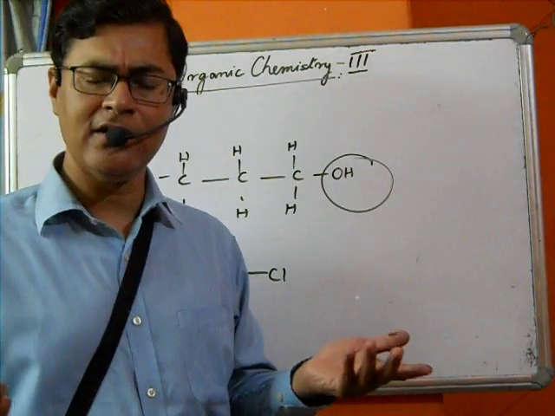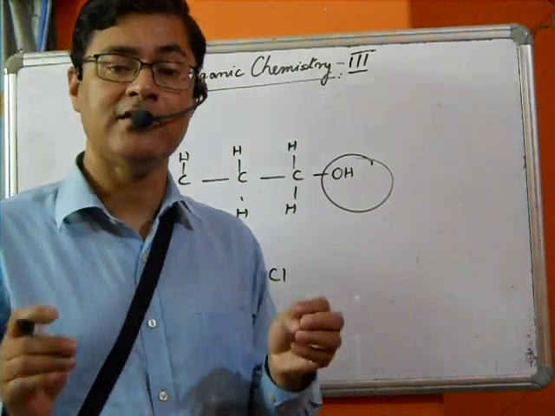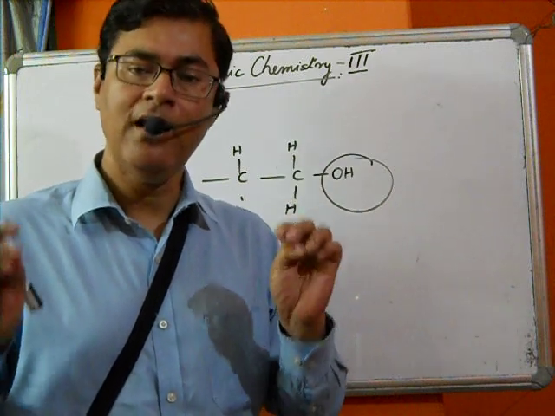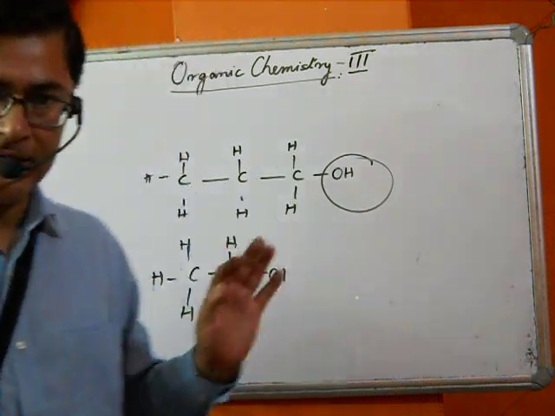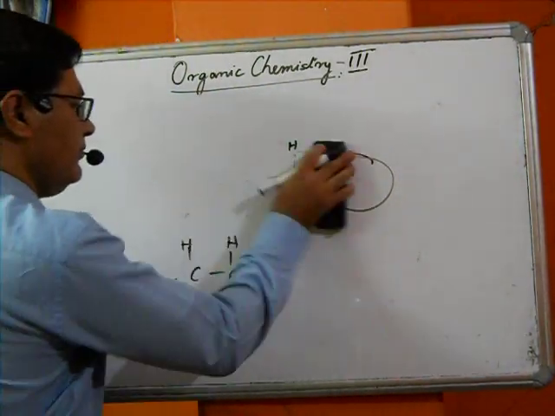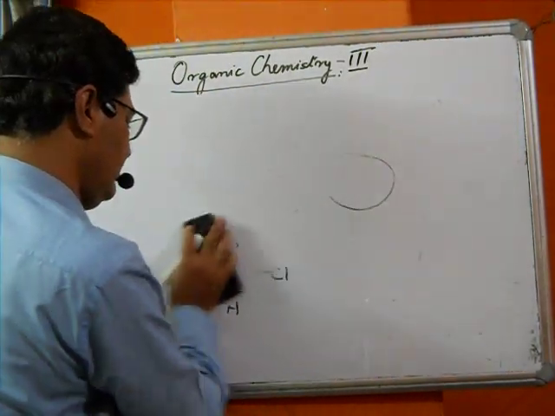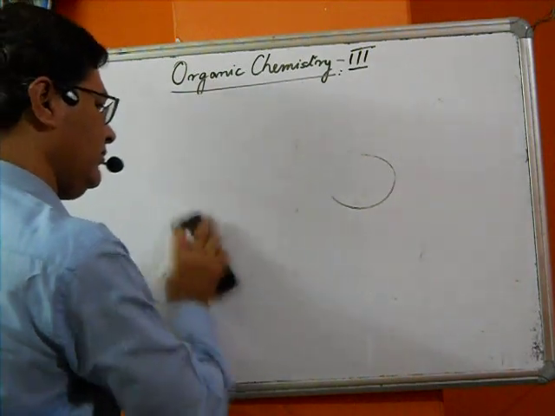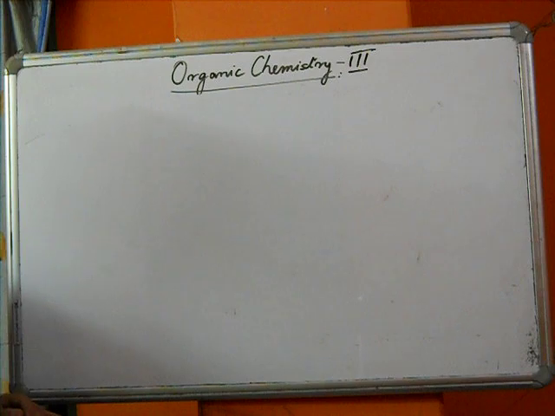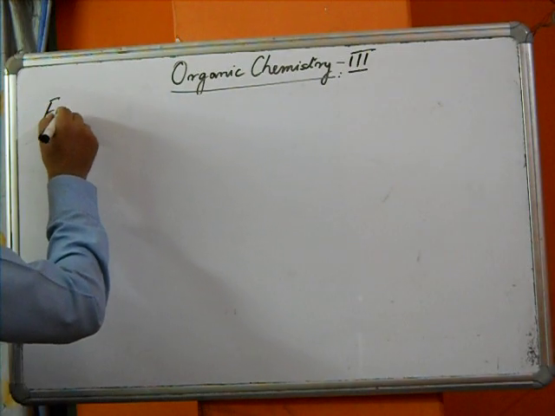So there are many functional groups, but in your ICSE syllabus you have got very few. So you need to study these few functional groups. Let us understand about these functional groups.